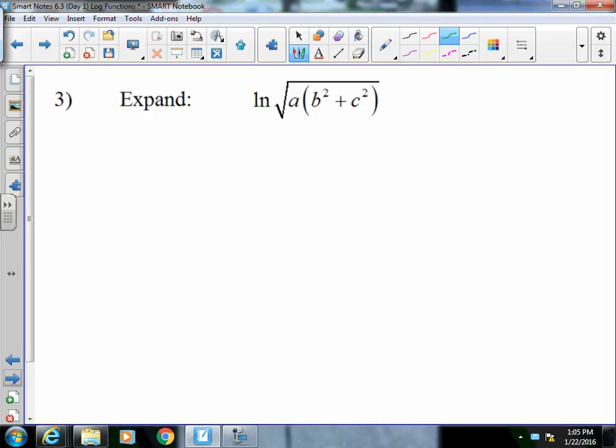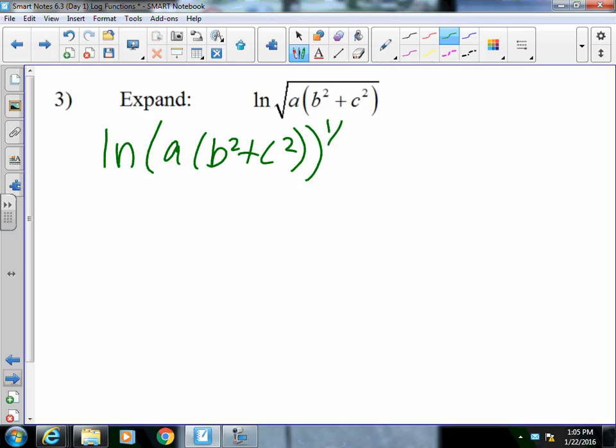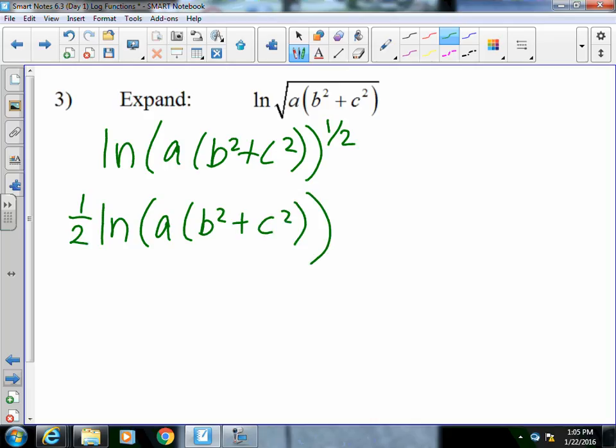Expand. This, we're going to spread it out as much as we can. First thing I'm going to do is rewrite it. This is actually the ln of a times b squared plus c squared to the 1/2. I'm going to start by moving my 1/2 power out front. Then if you notice, I have multiplication going on here.